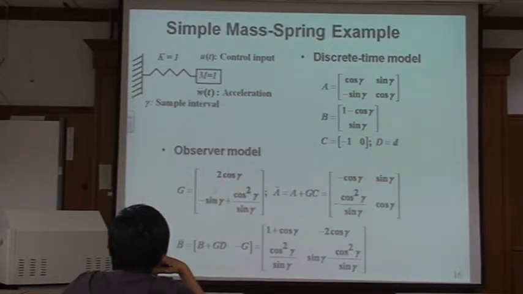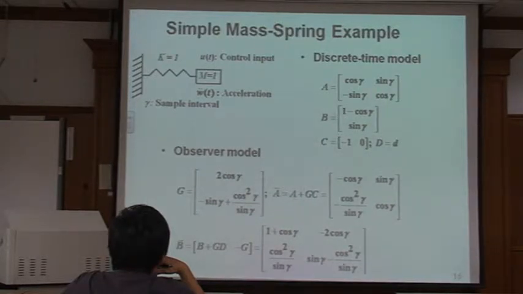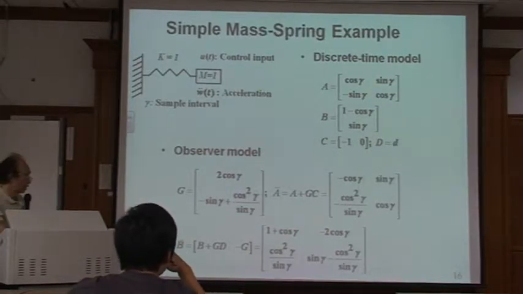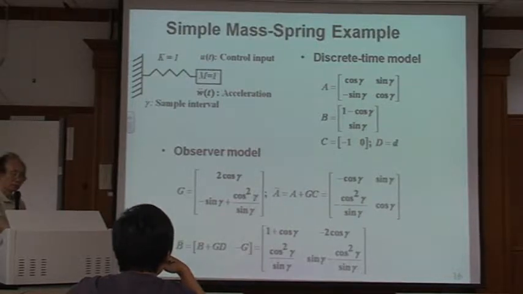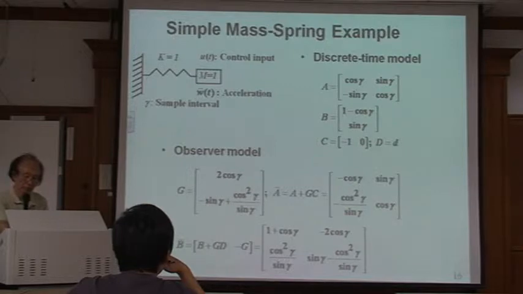And this G is the observer gain matrix. It gives you the eigenvalues, and the eigenvalues are 0. So from here, the A bar squared, for this case, will be 0, 0, 0, 0. This computer is not really good, so I turn off the screen from this side.